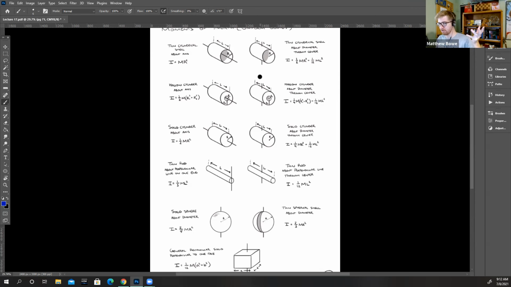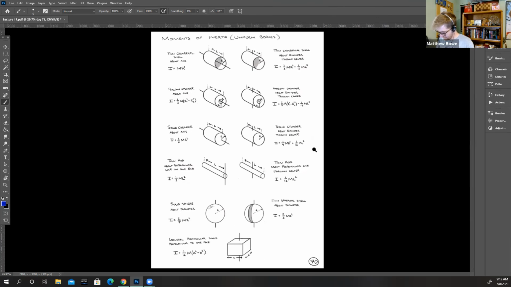The larger the moment of inertia, the more it's going to want to stay the way it is currently. So the larger the moment of inertia, the larger the resistance to start and stop. Smaller means it's easier to start and stop spinning.